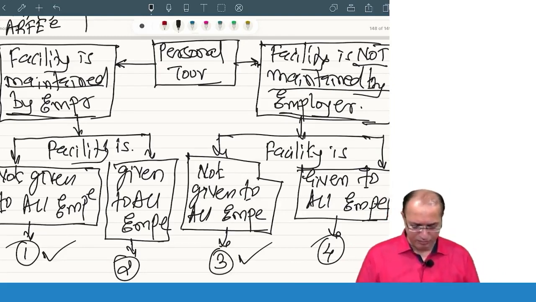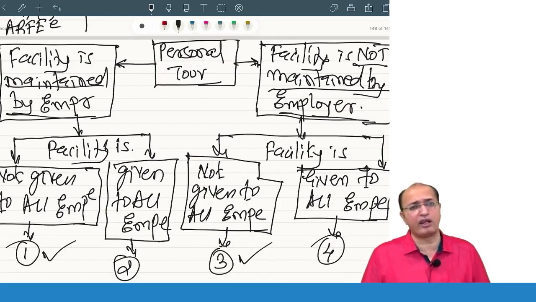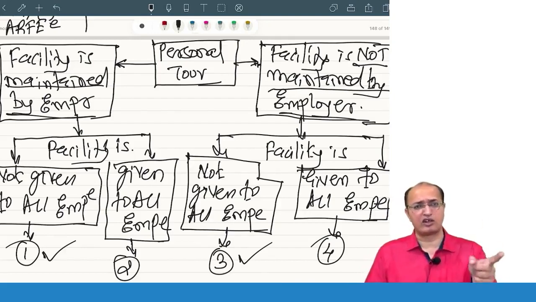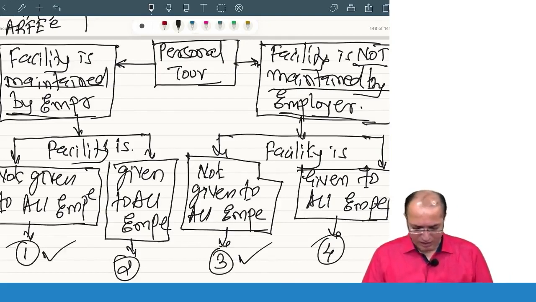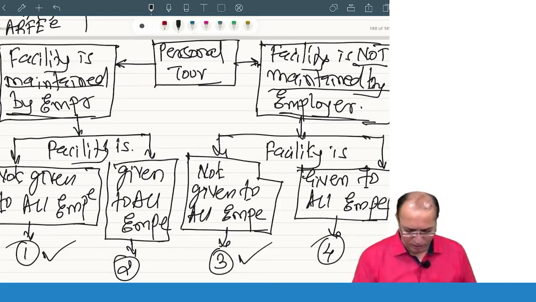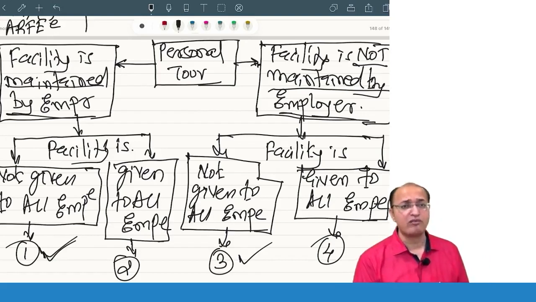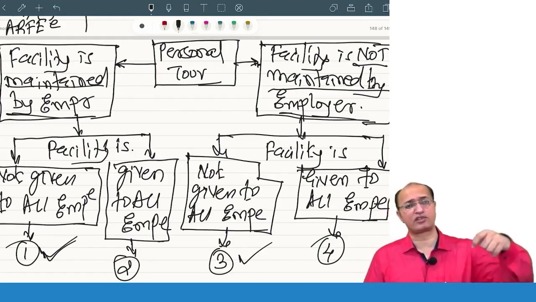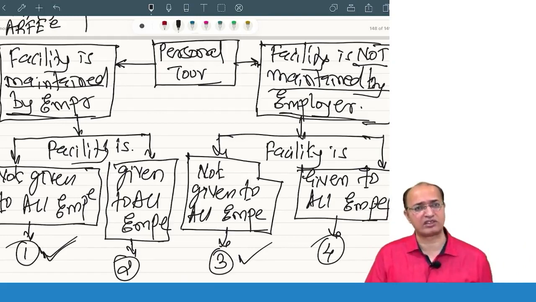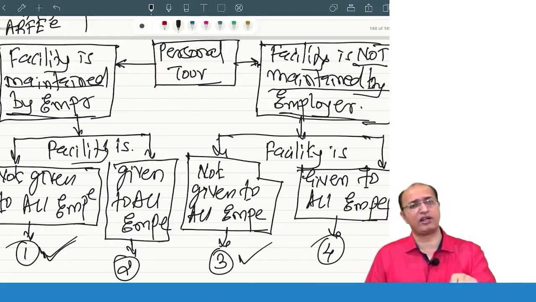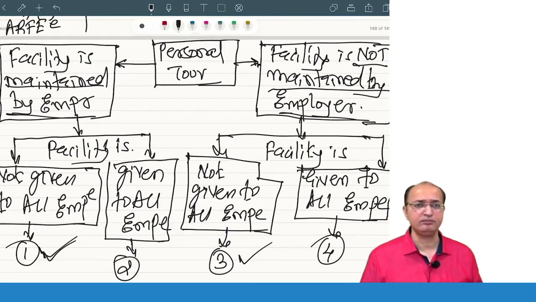Can he manipulate the numbers when the facility is maintained by a hotel? Can Inside Commerce Studies manipulate the hotel bill? Answer is no. But can Inside Commerce Studies manipulate the cost when they themselves are maintaining the facility? Yes. Say for example, Inside Commerce Studies is maintaining a guest house at Ooty. I go there and stay for 7 days. During those 7 days, they have incurred a cost of say 50,000 for me.